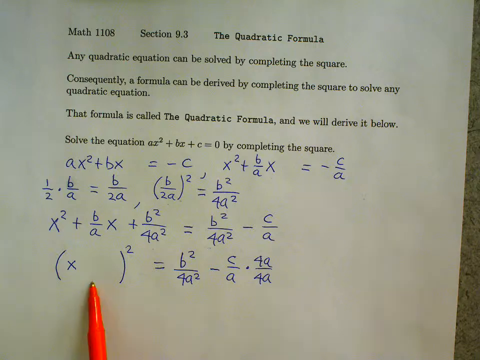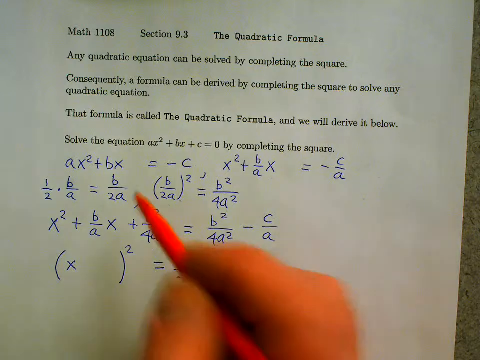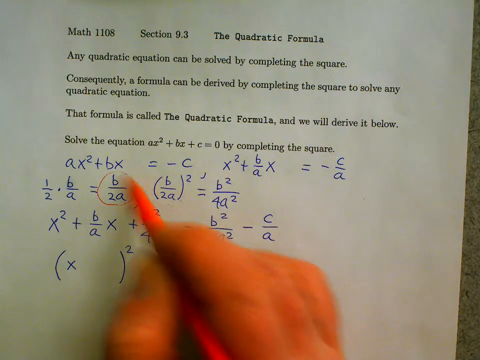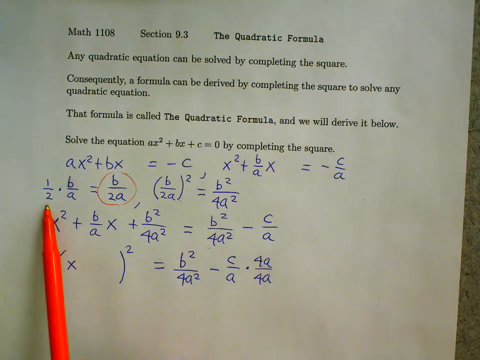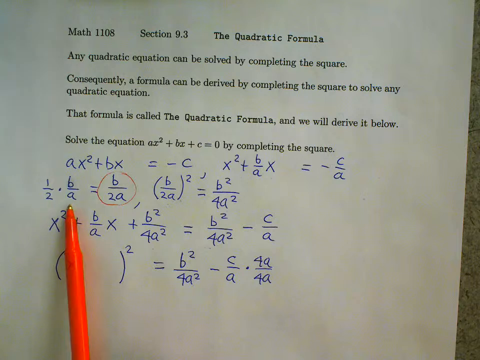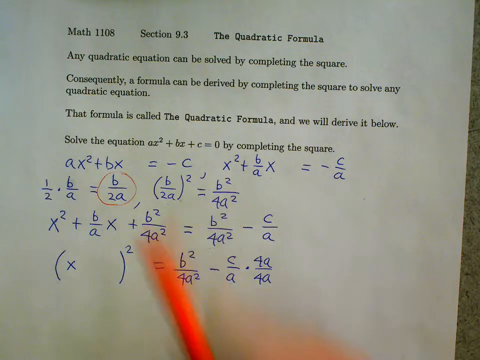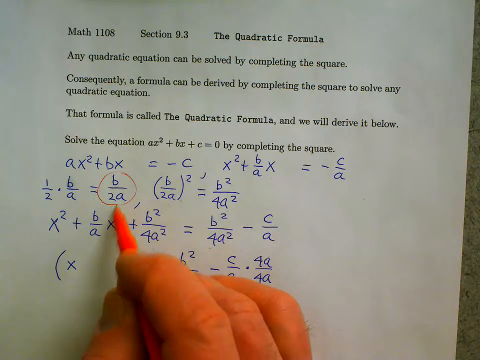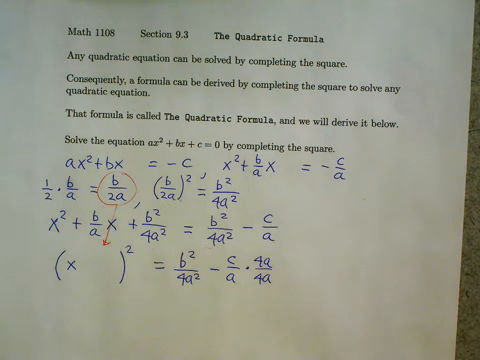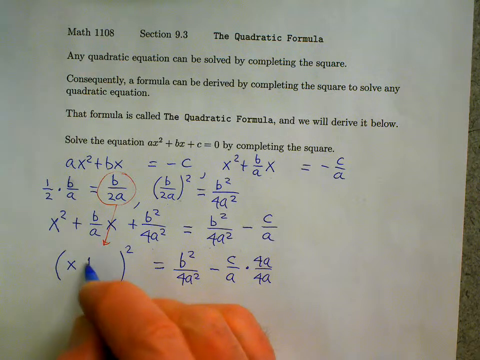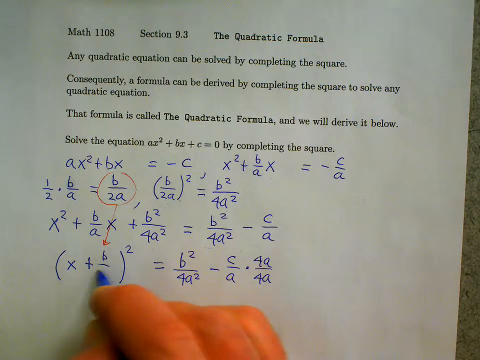So what goes inside? B over 2a. Yeah, plus b over 2a. Yeah, this is positive. Earlier when we took 1/2 of b over a, we got b over 2a. It's not negative, so that means we're going to put plus b over 2a inside the parentheses.